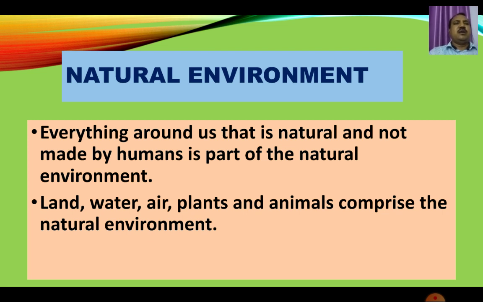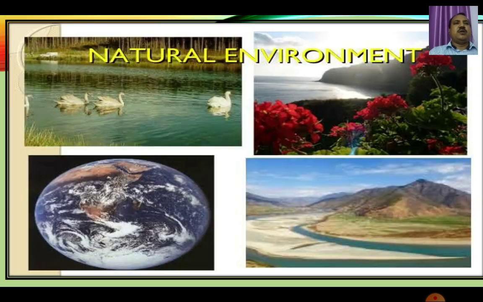So what are they? Land, water, air, plants and animals comprise the natural environment. This is an image of the natural environment. The earth has lots of natural environment and all of it is very beautiful, beyond imagination.